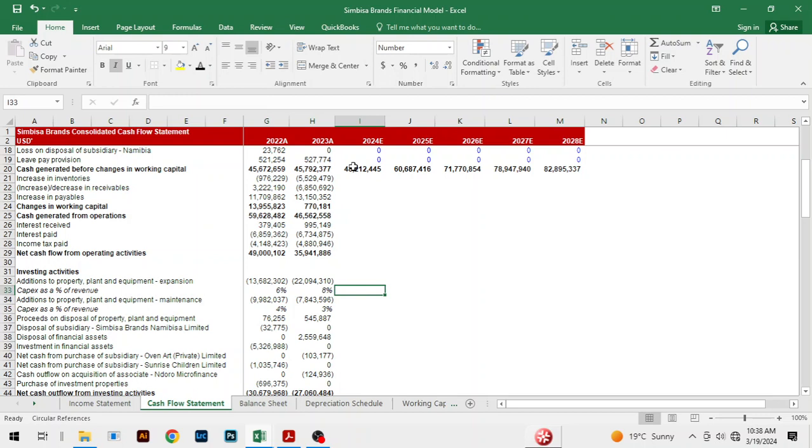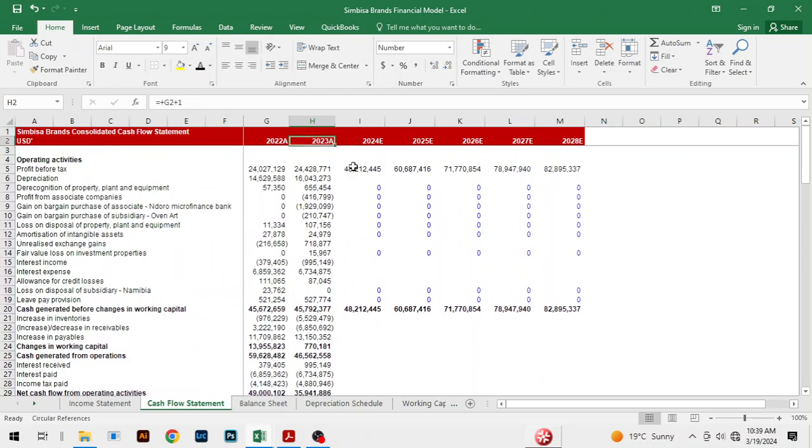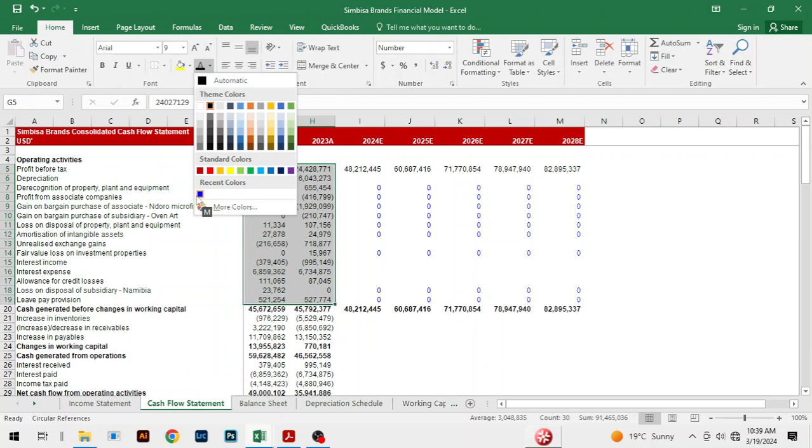Right, so here we need to make an assumption, right? But before we do that, like I said, good financial modeling etiquette requires us to turn these hard-coded numbers into blue so that you won't get confused.